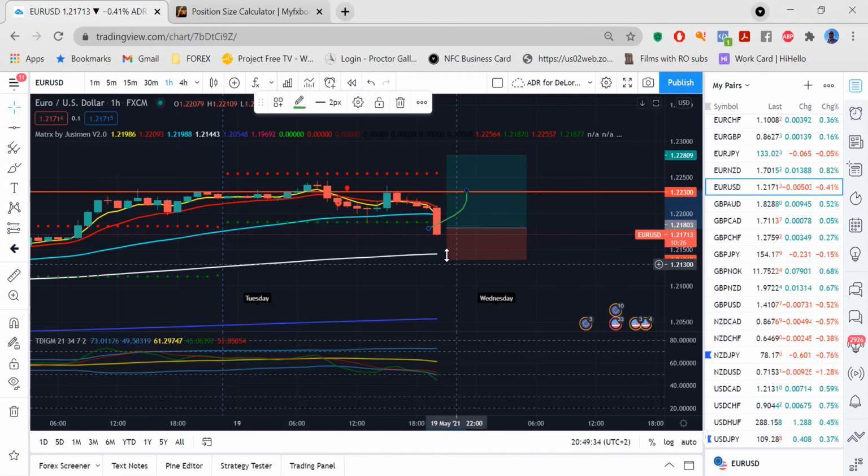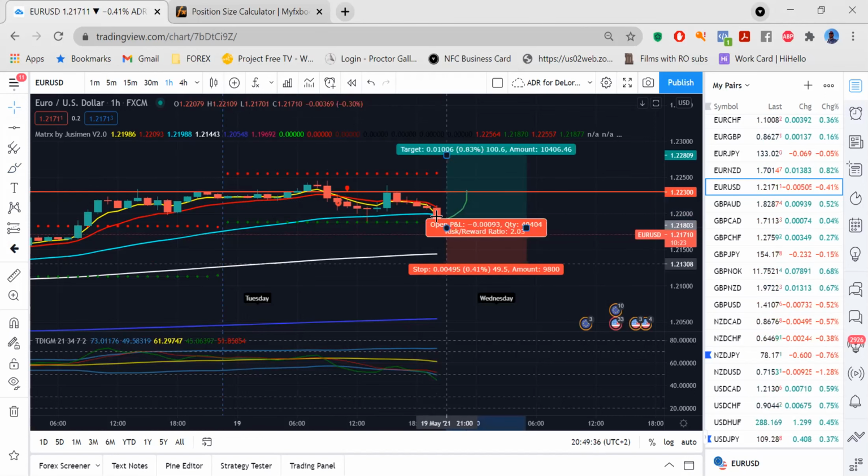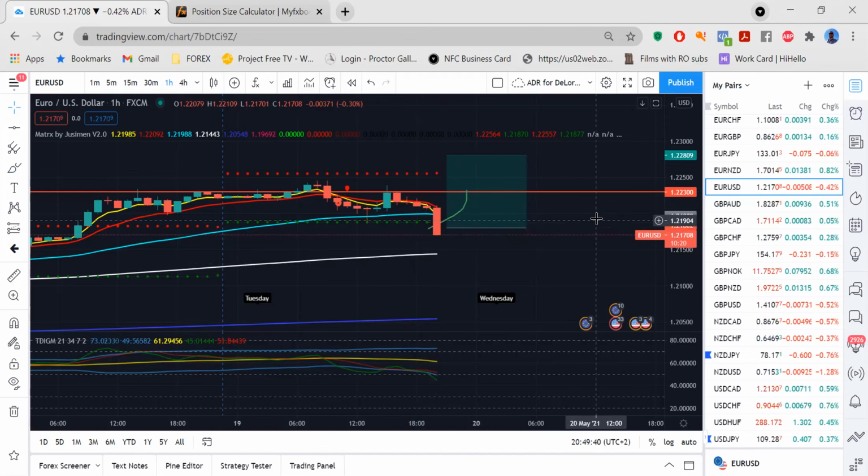How do I do that? I go to my Metatrader 4 app, I press and hold the trade, I click on modify, I look at the price at the very top in blue, which is my entry price, and I put in the same digits in my stop loss. And now my trade is risk-free.